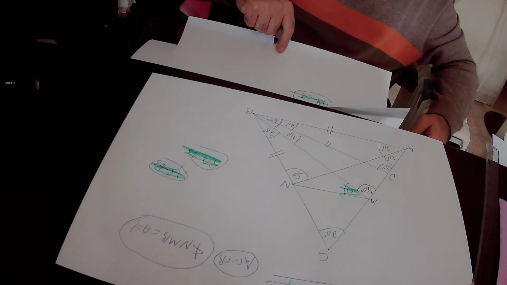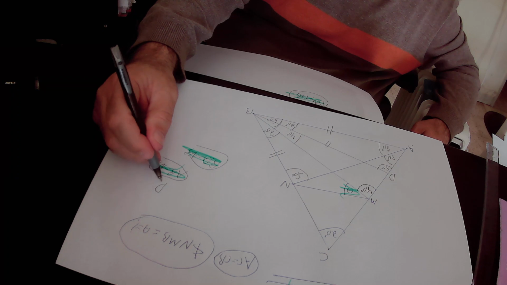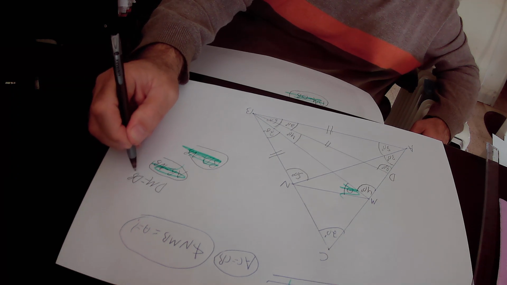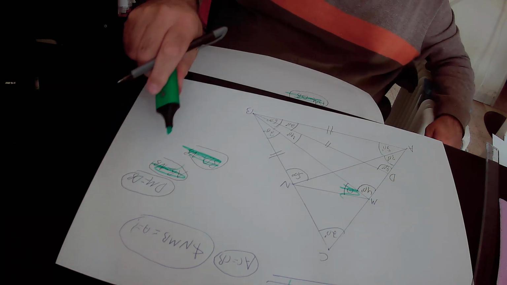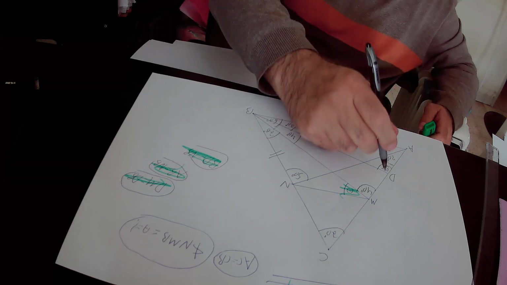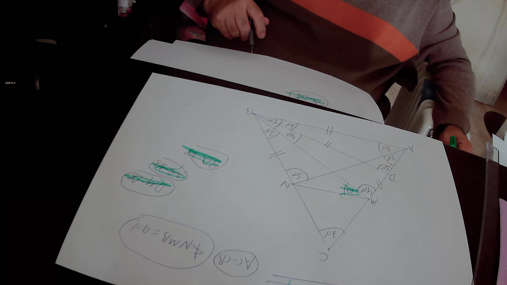So I write it down here: side DM equals side DB. Okay.